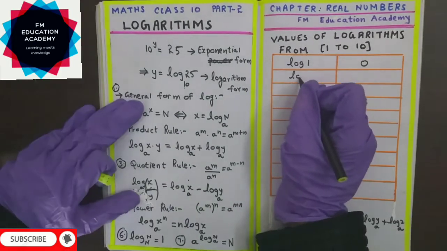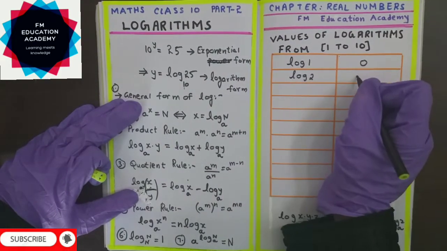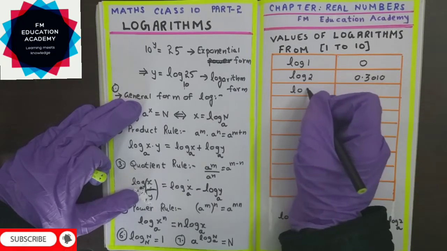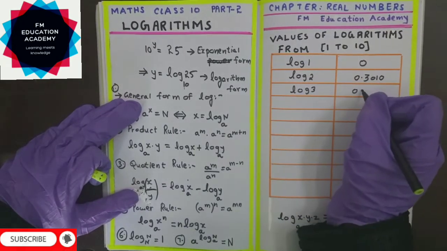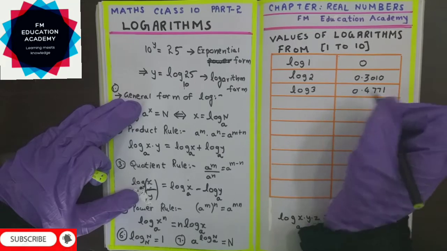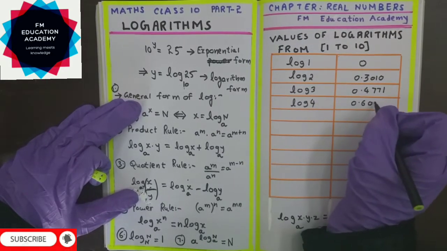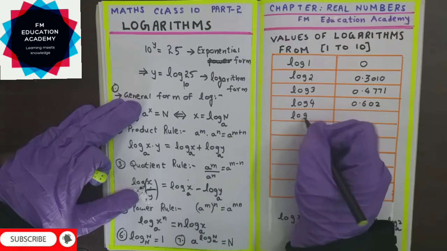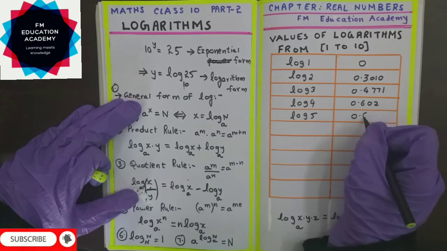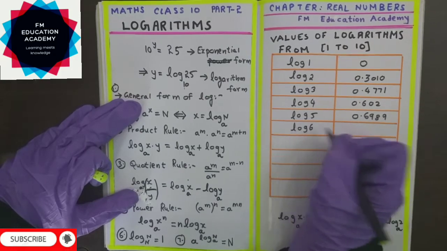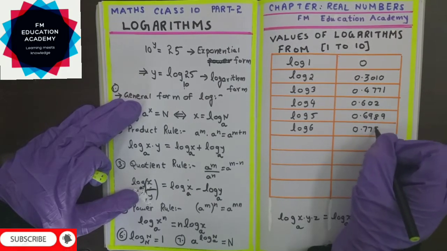The value of log 2 is 0.3010. The value of log 3 is 0.4771. The value of log 4 is 0.602. The value of log 5 is 0.6989. The value of log 6 is 0.7781.